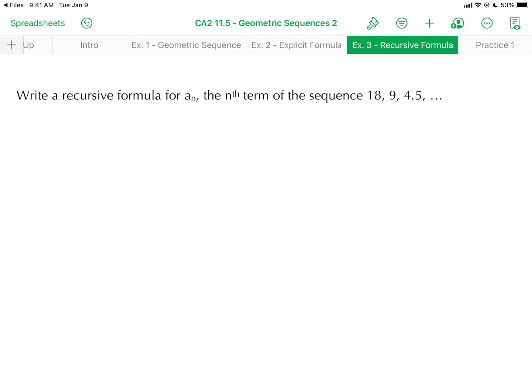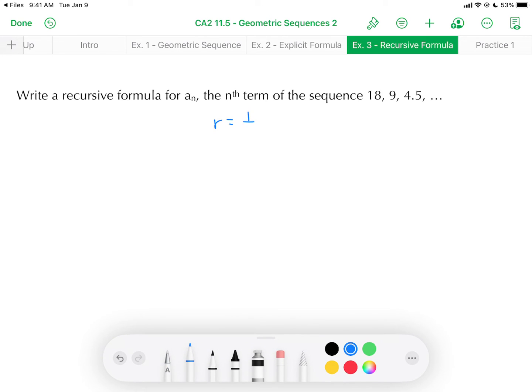What's the common ratio here? Yeah, it's 1/2 again. Okay, so to go from 18 to 9, you're just taking the first term and multiplying it by that 1/2. To go from 9 to 4.5, you're taking the second term and multiplying it by 1/2. So recursively speaking, we're just taking the previous term and multiplying it by our r value, right?